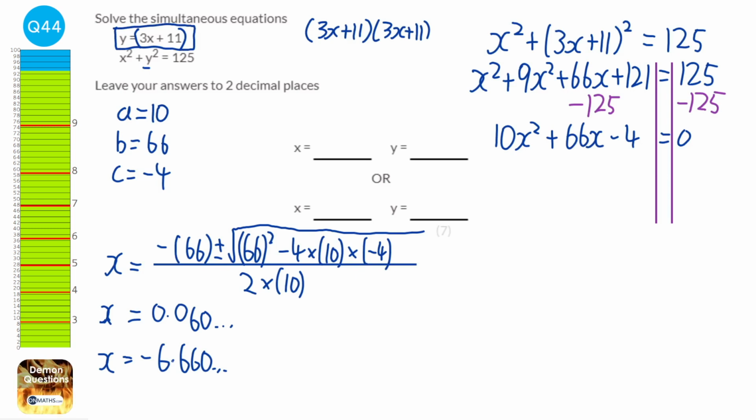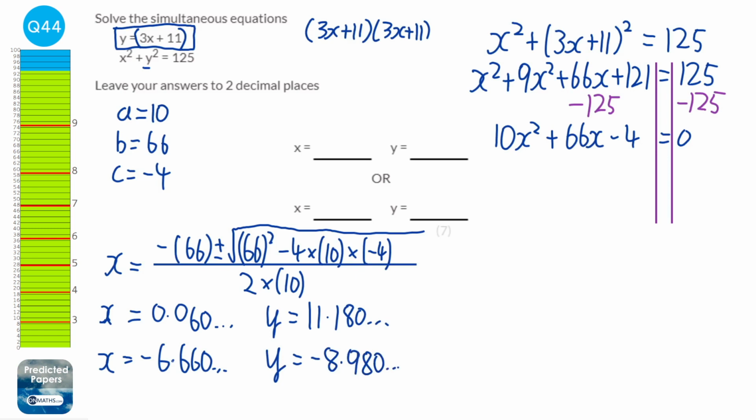So we multiply that first solution by 3, then add 11, and that gives us that y is 11.180 and so on. We do the same with the next solution, multiplying by 3 and adding 11, and we get minus 8.980 and so on. We round each of these to two decimal places, so we've got 0.06 and 11.18, and the second set of solutions is minus 6.66 and y equals minus 8.98.